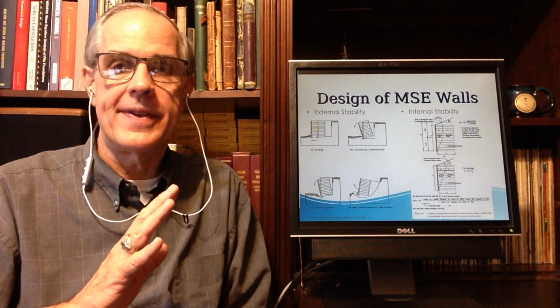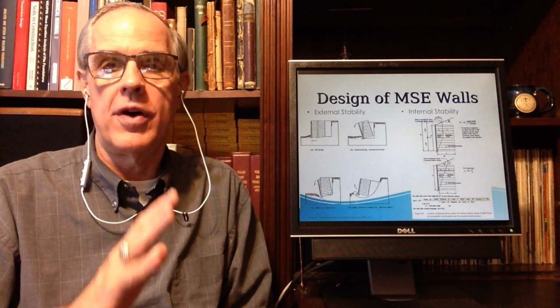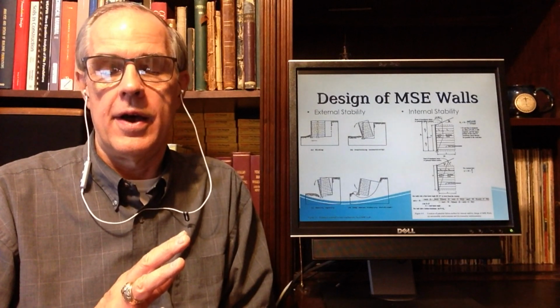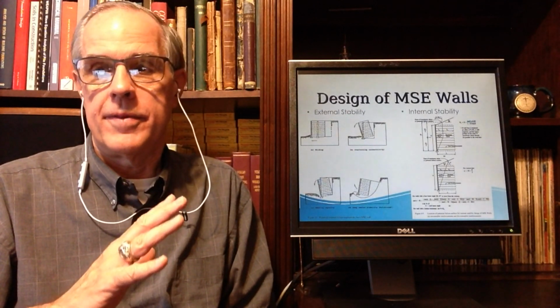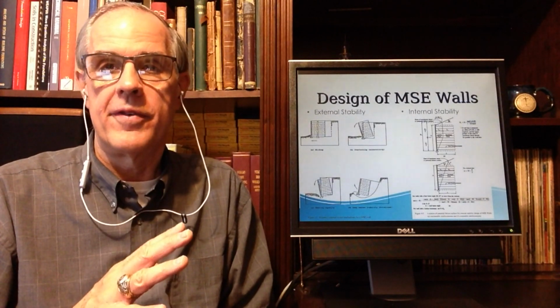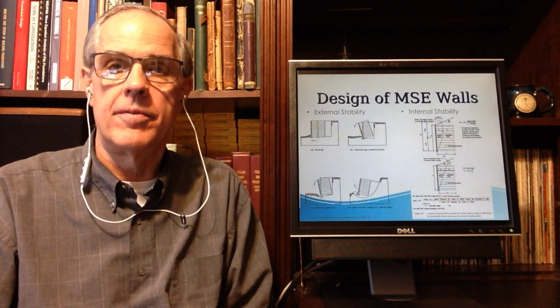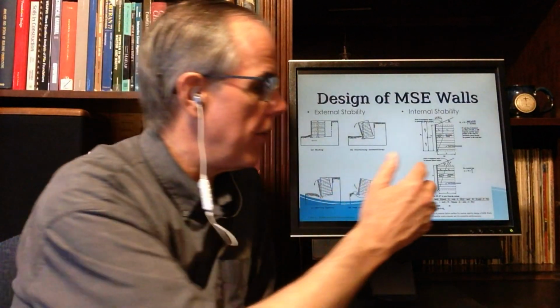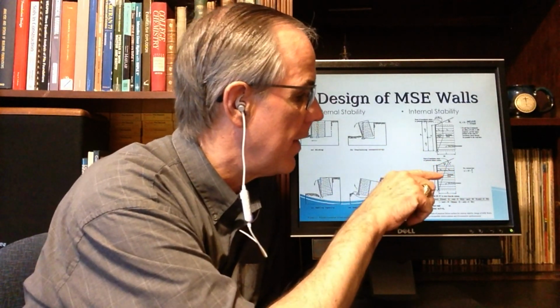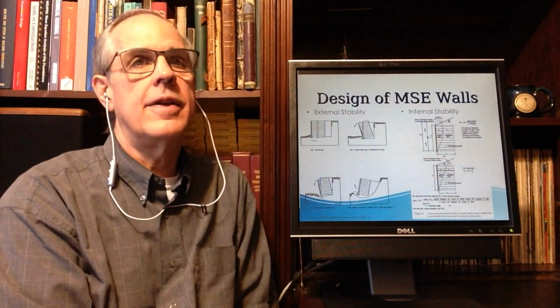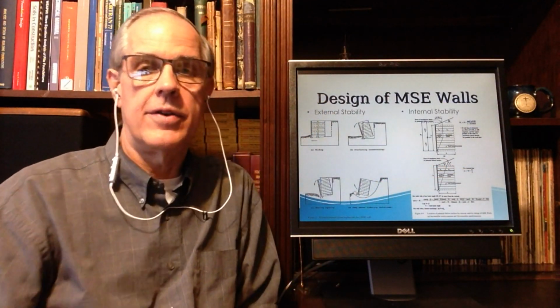The whole design of MSE walls is basically a tug of war with every reinforcement strip: the earth pressure on the face trying to pull it out, and the friction acting on the LE trying to keep it there.